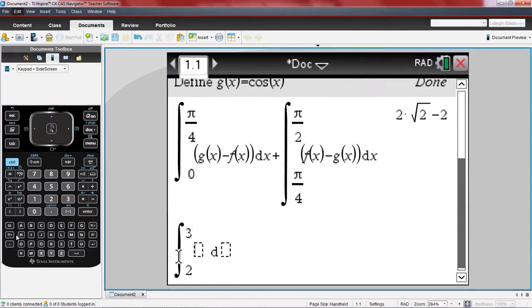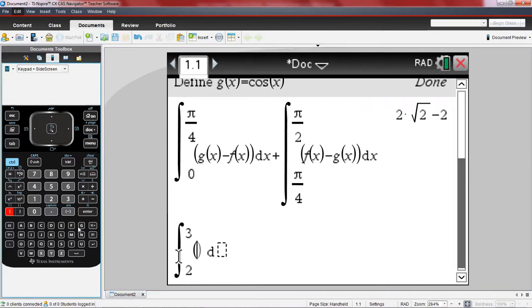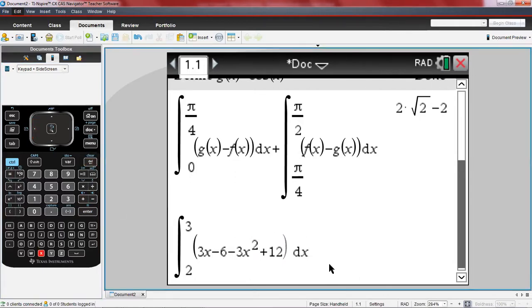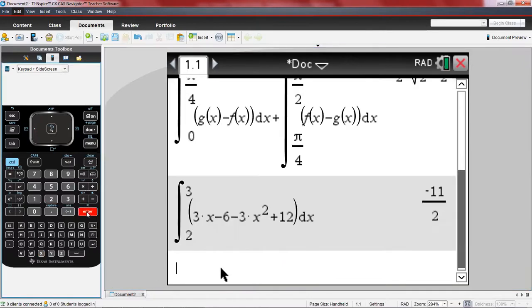Here parentheses is going to be 3x plus 6 minus 3x squared, minus, no, plus 12. Plus 12. Okay, and then put the x, press enter, and then you have negative 11 over 2. This is negative 5.5. Okay, so this is my answer.